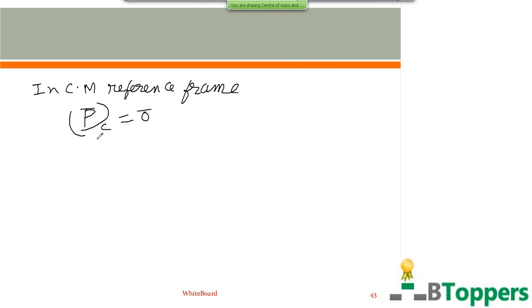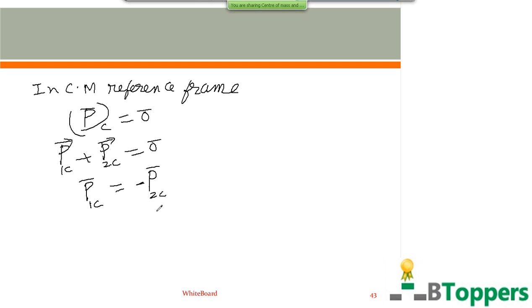If you consider a system of two particles, then the total linear momentum of the two particles with respect to center of mass will be 0. That means p bar 1c plus p bar 2c is 0. P bar 1c represents the linear momentum vector of the first particle of mass m1 with respect to center of mass. P bar 2c represents the linear momentum vector of the second particle of mass m2 with respect to center of mass of the system of the two particles.